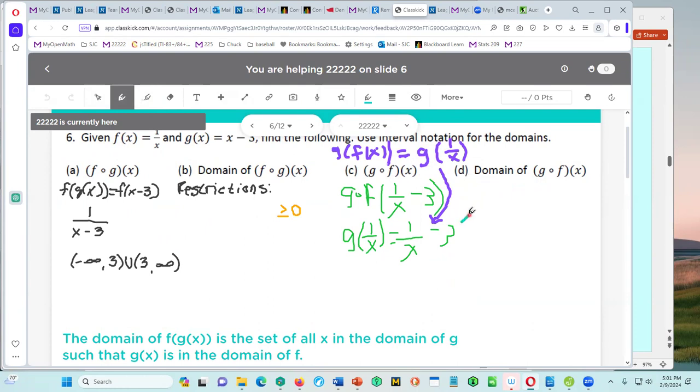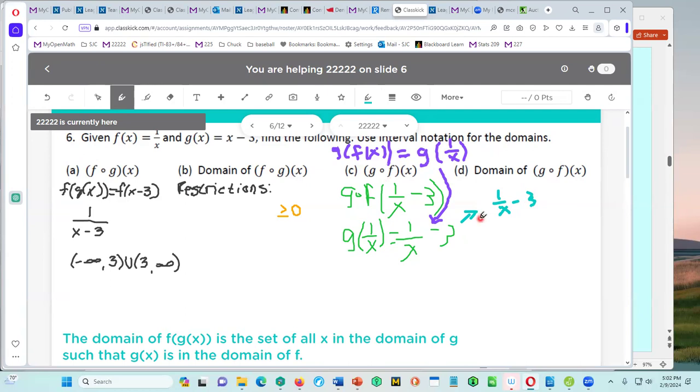And we just saw that this was 1 over x, and then subtract 3 from it afterward. The -3 came afterward, and that doesn't have any impact at all on the domain.